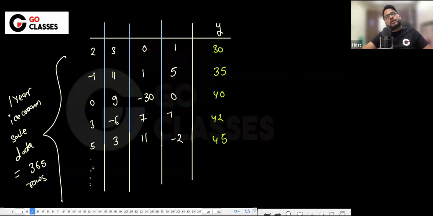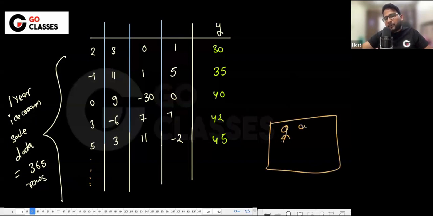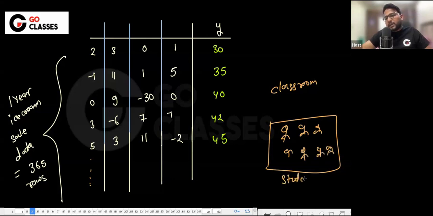But just assume that in a classroom there are too many students. If I have three or four students, is it easy to manage the harmony and the peace? Or if there are thousands of students, is it easy to manage?